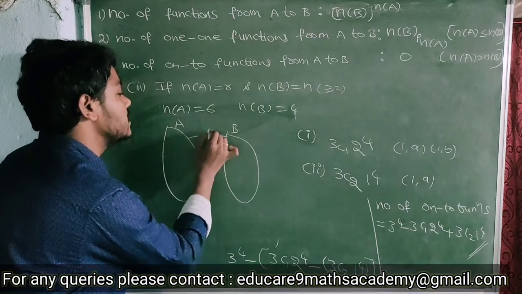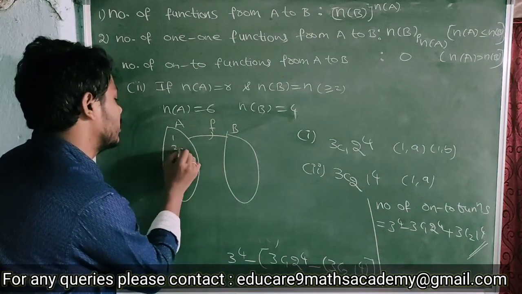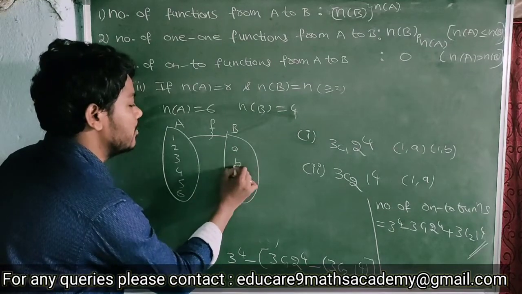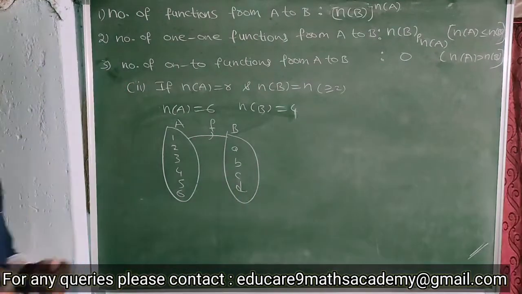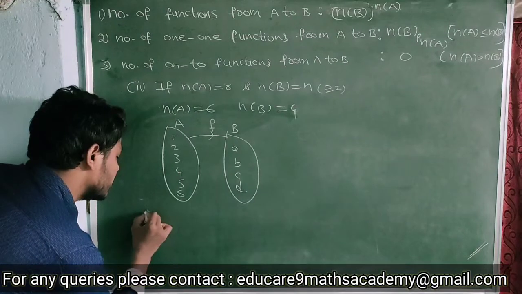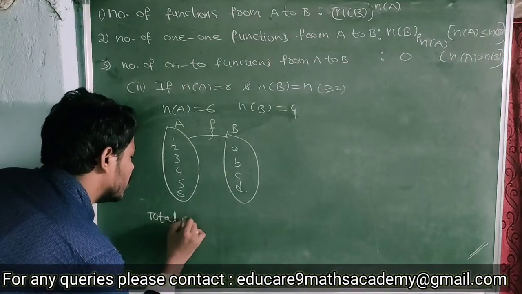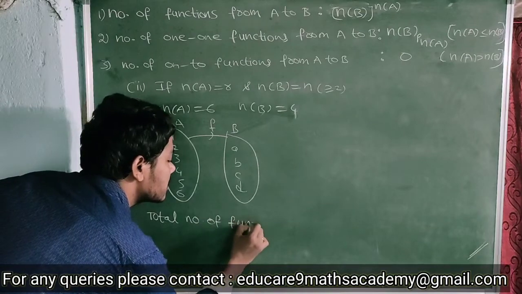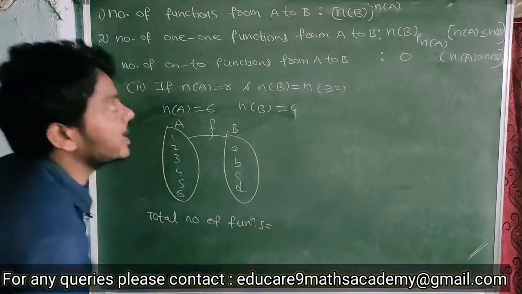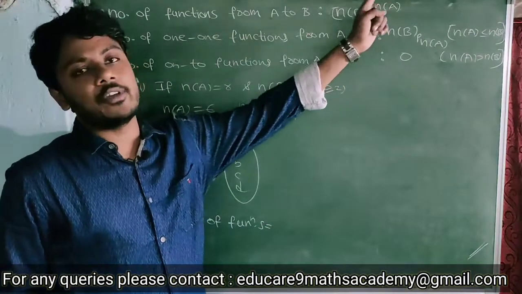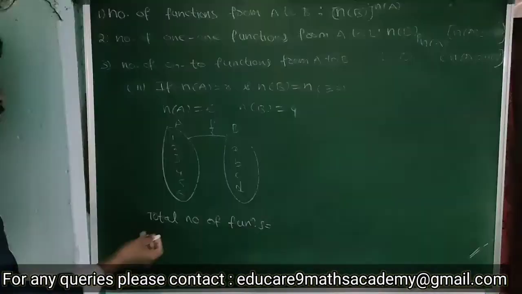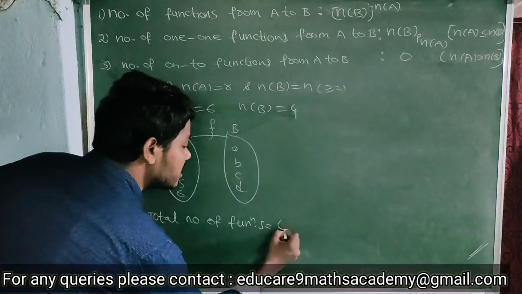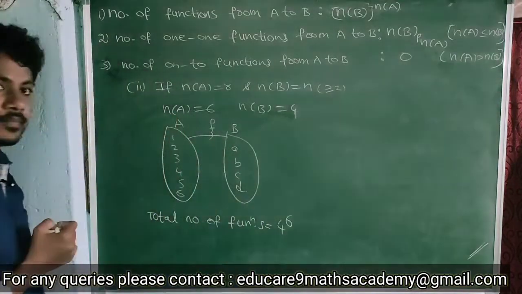The relation is F. Here 1, 2, 3, 4, 5, 6 and here A, B, C, D. So first, the total number of functions. That is N of B whole to the power of N of A. So simply, the number of elements in B is 4, the number of elements in A is 6. So that is 4 power 6.